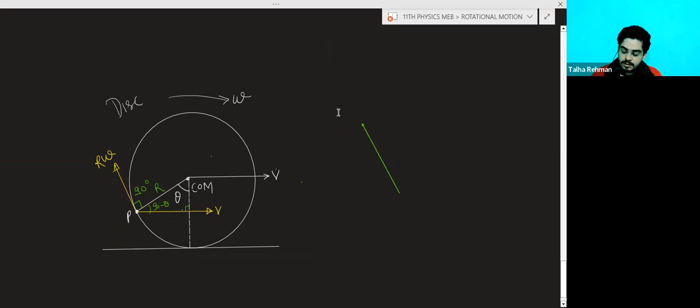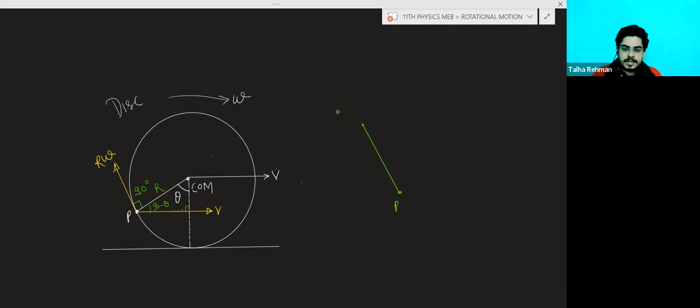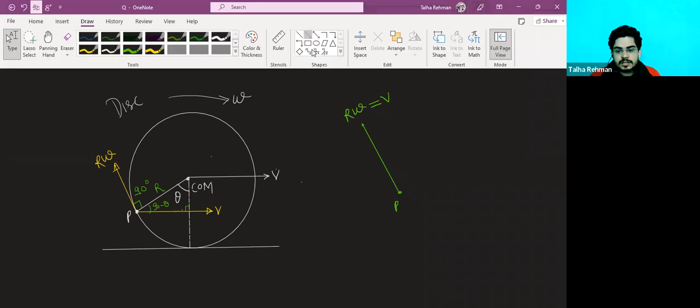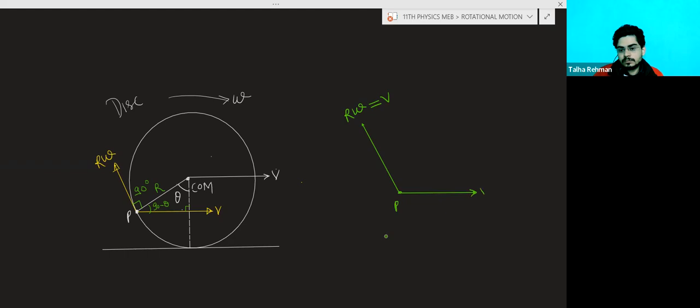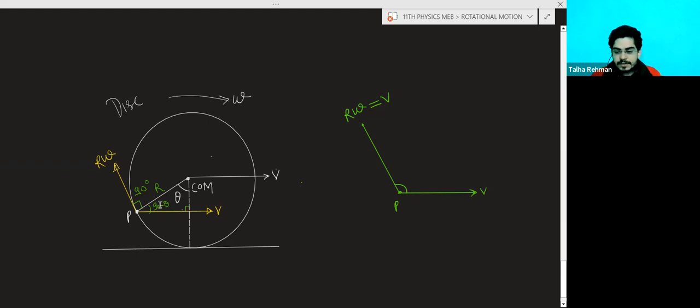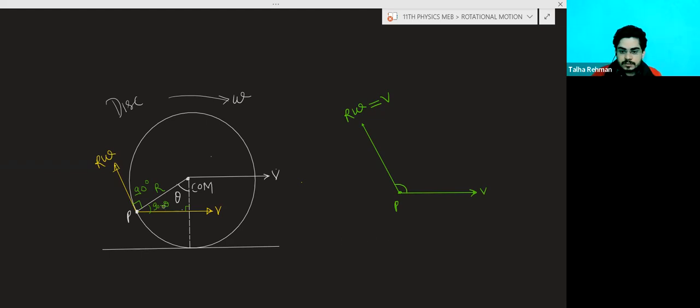This is the point P. In this direction there is r omega, and this r omega is equal to v also, and there is one velocity in this direction that is equal to v. This angle will be 90 plus 90 minus theta, that is 180 minus theta.